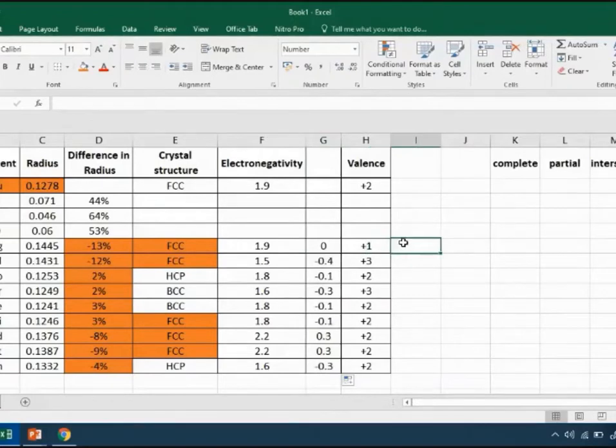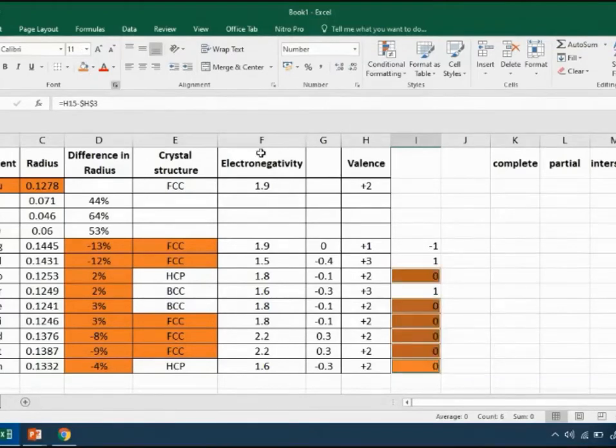Now check for valency. This minus valence of copper, and I don't want valence of copper to change. So press F4, drag it. Now, let's see which ones have the same valence as copper. These ones. Now let's try to analyze. I will do my analysis in this order.